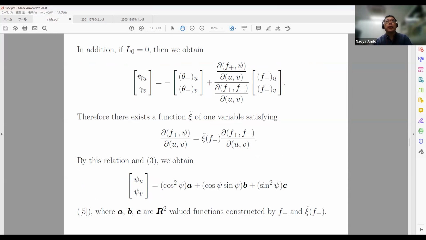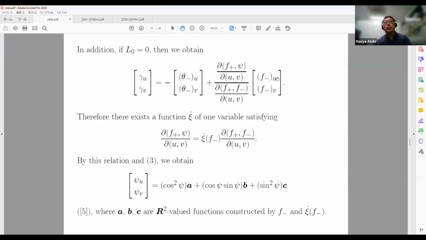Noticing that gamma u, gamma v, theta minus u, theta minus v, f minus u, f minus v, noticing these functions, we see that there exists a function xi tilde of one variable satisfying this relation. This is expressed by a function xi tilde of f minus.